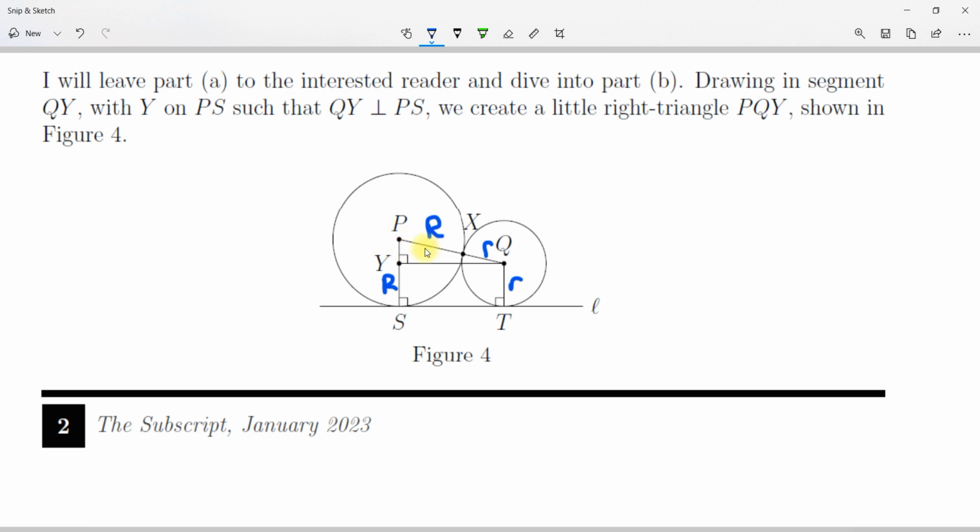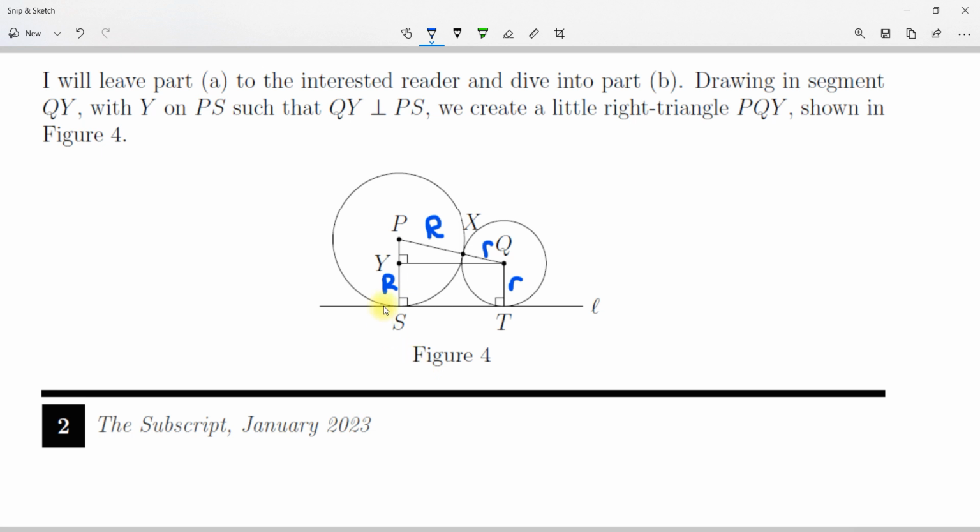Now, if you know a little bit about conic sections, you know that a parabola is the locus of points that are equal distance from a fixed point called the focus and a fixed line called the directrix. Now in this case, these things aren't equal distance. This one's R plus r, this one's just r.